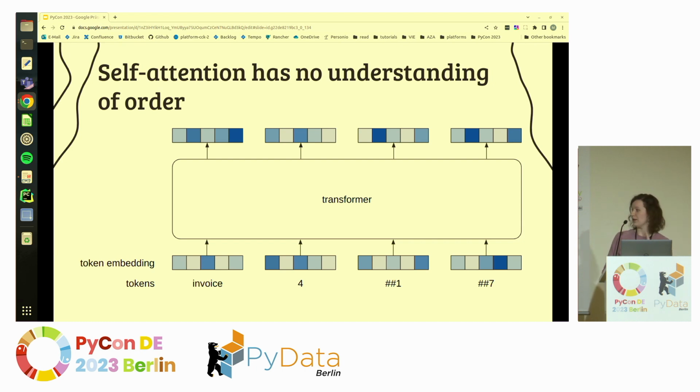If we swapped invoice and 1, we would still get for every token the same output representation. Self-attention in itself doesn't understand the order of the tokens that go in. So we need some way to provide information about the position of tokens in the sequence.